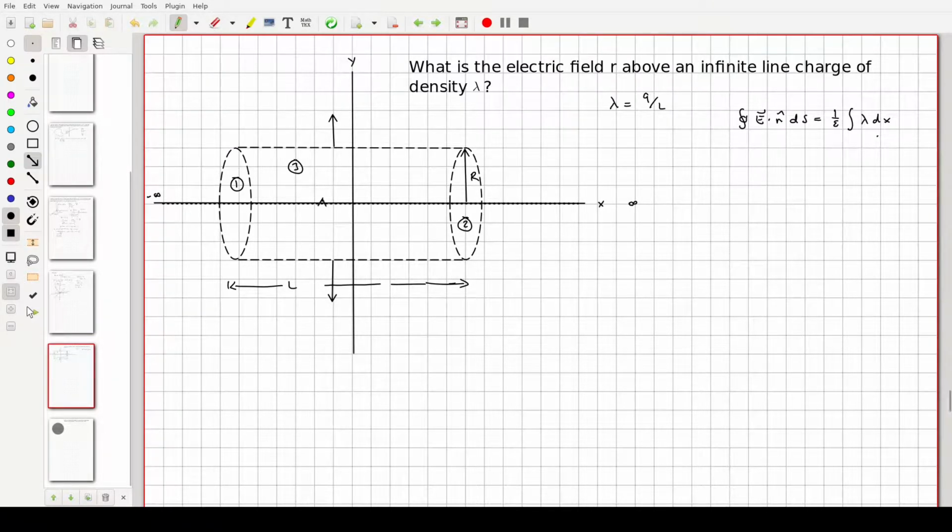Now, the direction of my expected electric field is going to be in the same direction. So here, I'm going to call this n hat sub 3 because it's the third part, it's the barrel. My electric field, like I said, at the end of the day, I expect the side-to-side parts to sort of add out, and you're just going to be left with parts that point radially around this.